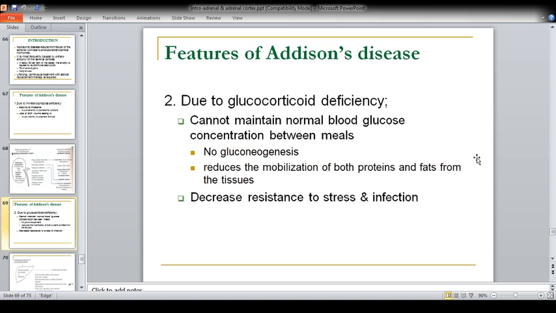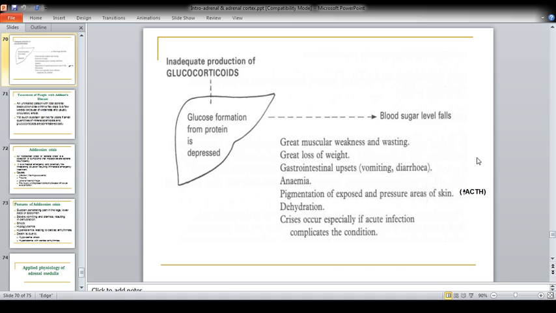In increased stress or in infection, we need more glucose, we need more energy that could not be provided to the patient through the liver, through other organs, because there is no cortisol in the body. So eventually the patient's storage of energy would get depleted and the patient could die at any moment only due to cortisol deficiency. So this is how serious this disease is.